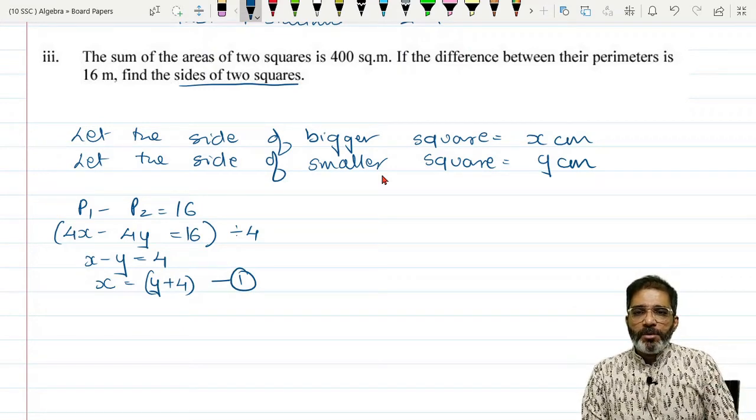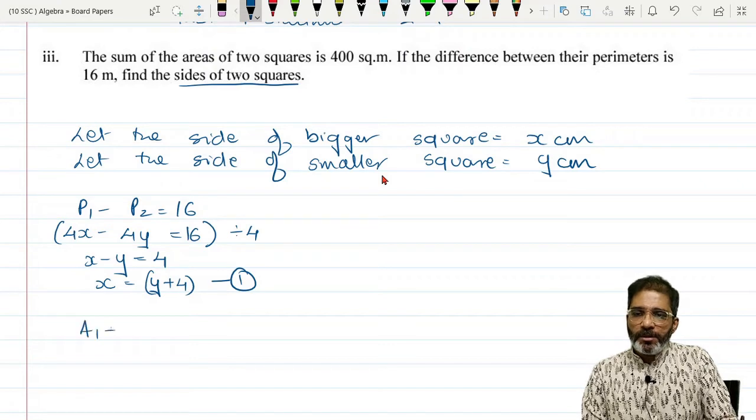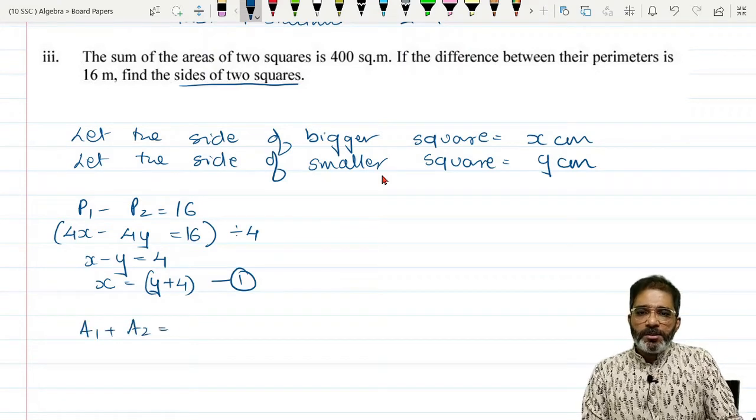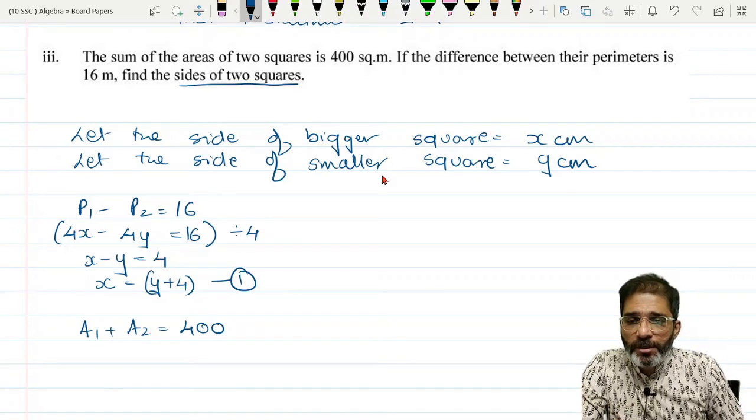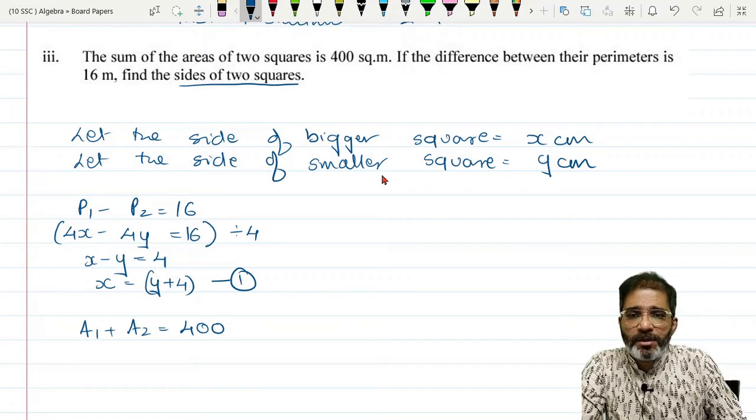Now they have told us the sum of their areas, so let me take it as A1 plus A2 given as 400. We know that the formula for the area of a square is side squared, and the sides we have taken as x and y.